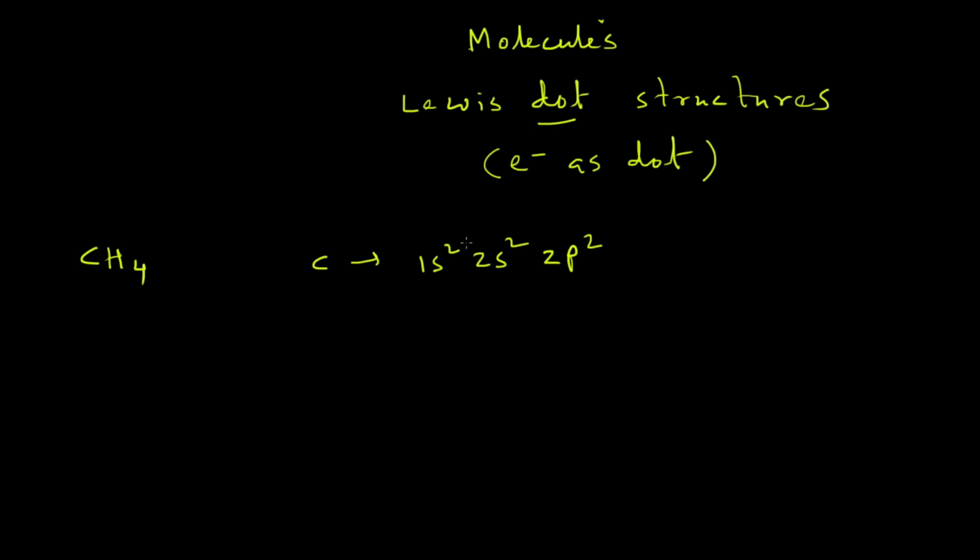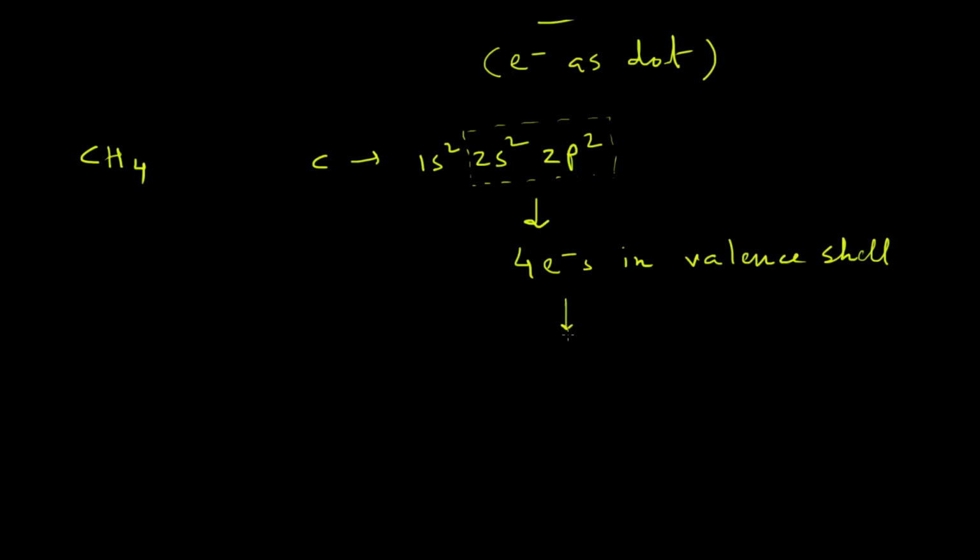The valence shell will be the shell having the highest principal quantum number, so the 2s2 and 2p2 orbitals constitute the valence shell for the carbon atom. We can clearly see that in the valence shell carbon has 4 electrons, 2p electrons and 2s electrons, and due to the presence of 4 electrons in its valence shell, it can form 4 covalent bonds.